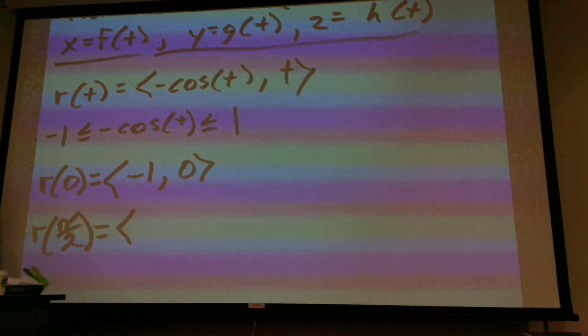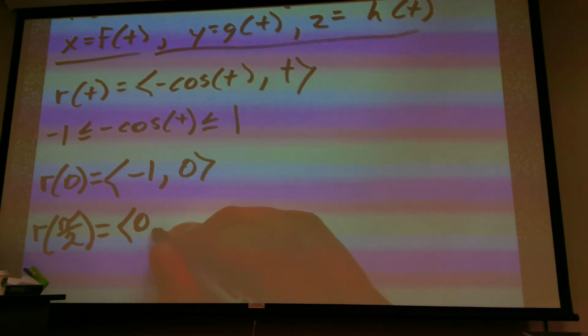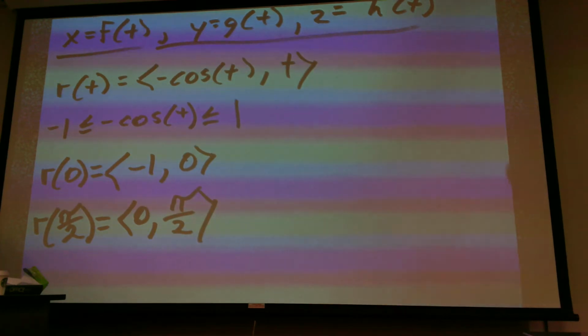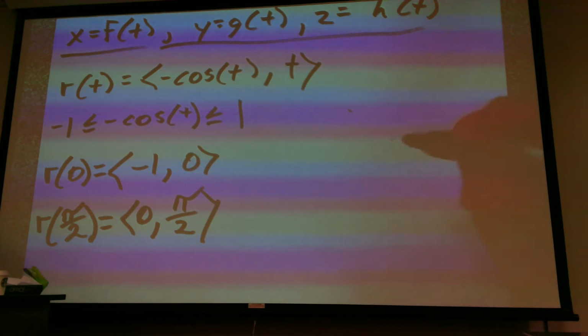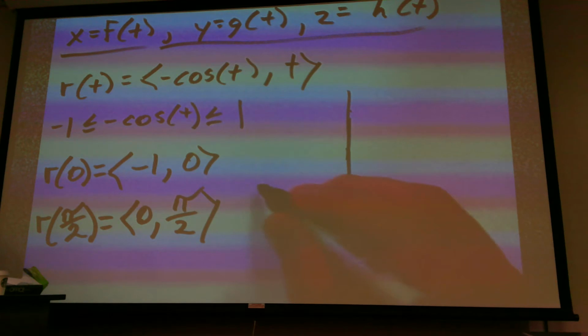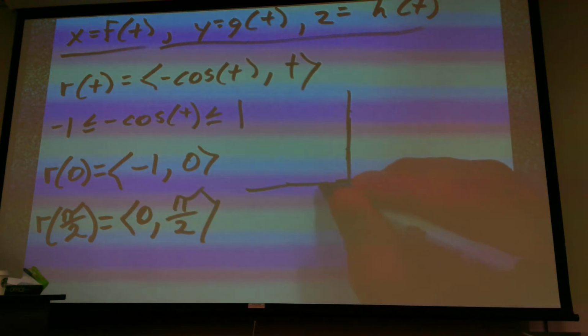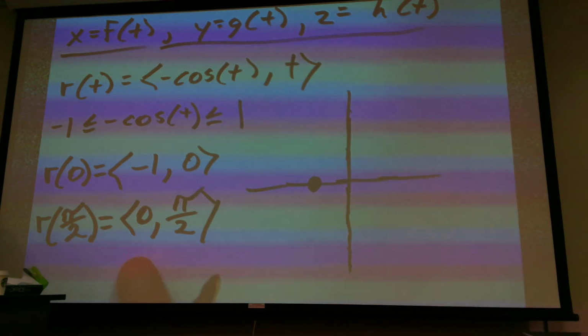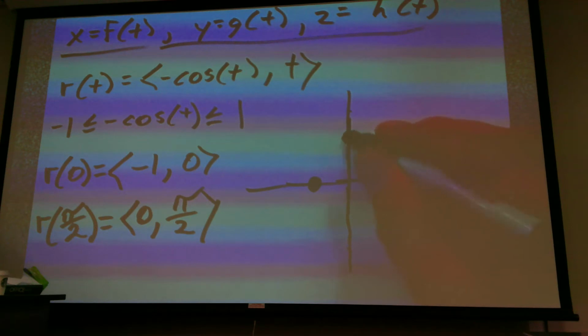Now cosine of pi over 2 is 0, so this would be 0, comma, pi over 2. Okay, and I'm going to start plotting, these are vectors, but I'm going to start plotting them at these points. So this first one is just going to go right here. So that's -1, 0 right there. Okay, and then if I shift over to this guy right here, that's going to be 0, comma, pi over 2. So that guy's going to appear right there.